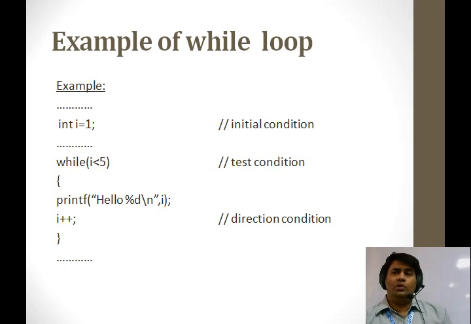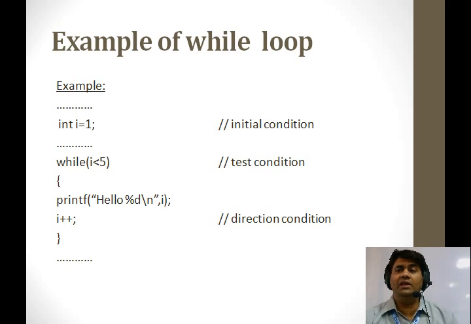Similarly, you have a while loop. Here the initial condition is written somewhere above the while, and once you reach the while loop, you just have to specify the testing condition, i less than 5, whatever you want, and then you have the start of the loop from the curly brace, and the end of the loop at the closing curly brace.